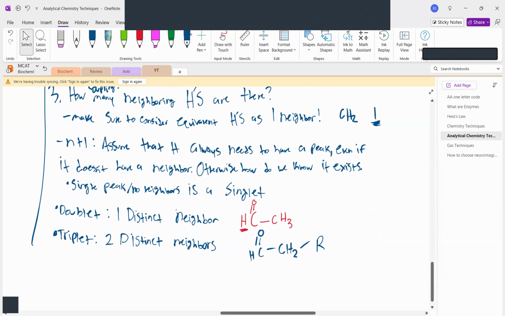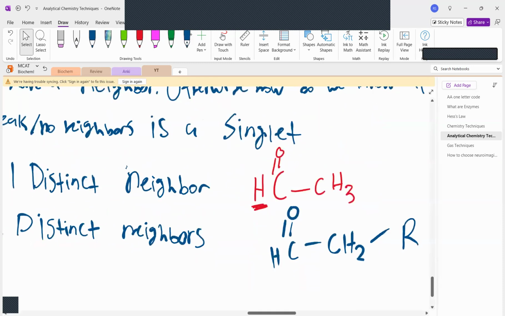And then if you have a doublet, that means that you have one distinct neighbor. So for example, let's look at this hydrogen on the aldehyde again. It's next to that carbon and it has three hydrogens there, but each of those hydrogens is exactly the same, same fingerprint.